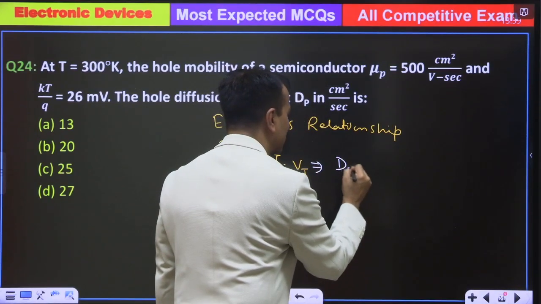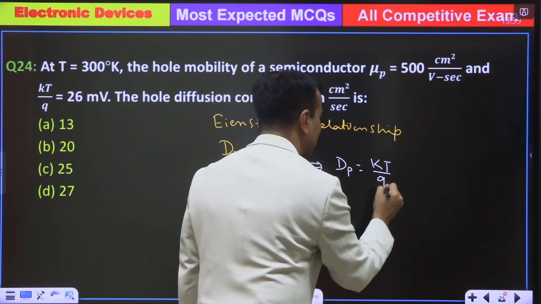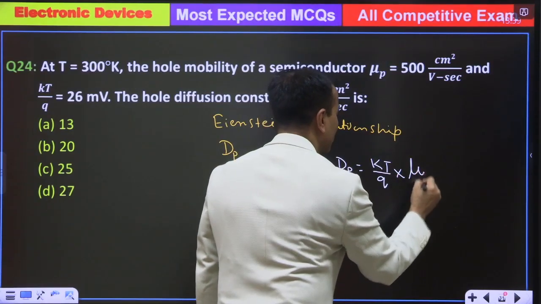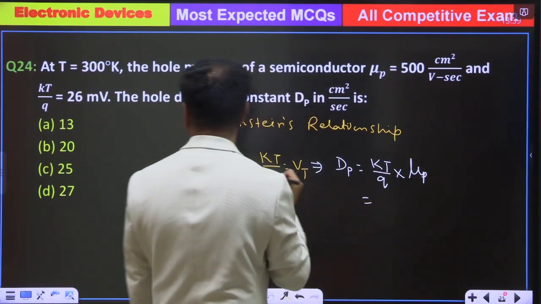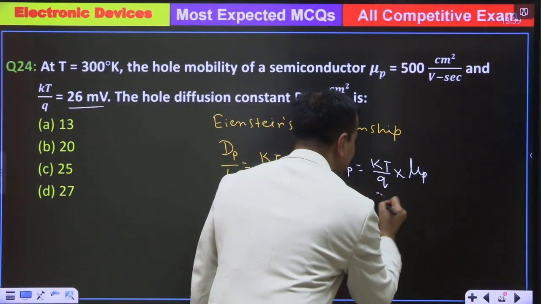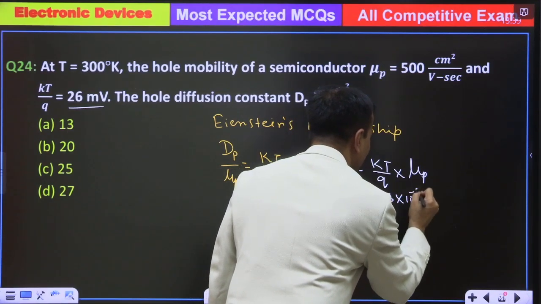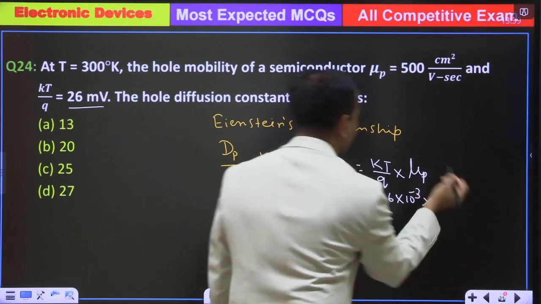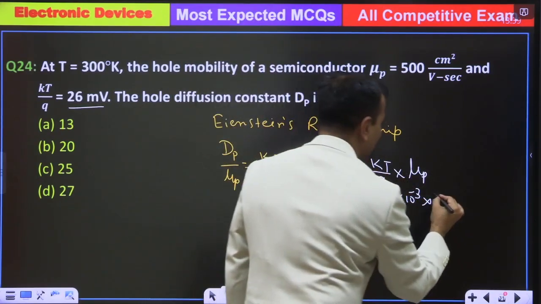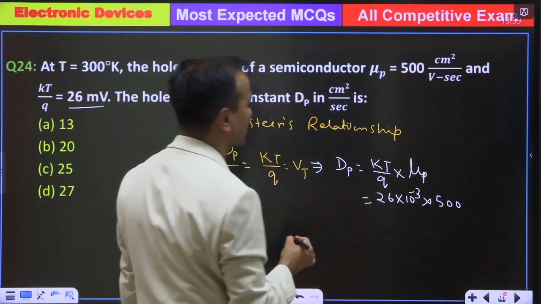So this dP is nothing but kT by q, or simply Vt, into mu P. So this kT by q is given here as 26 millivolt, which means 26 into 10 raised to minus 3, and here this mu P is simply mentioned as 500. Now what about the unit?